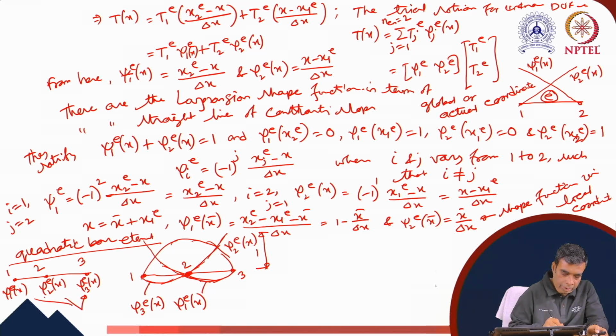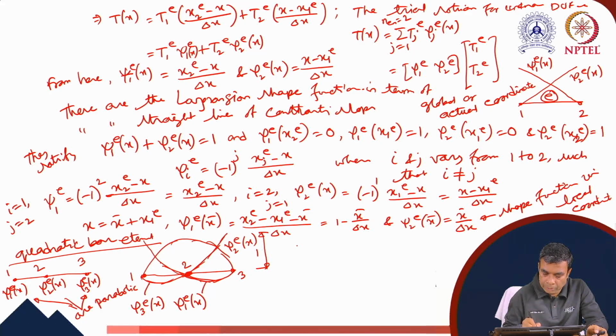These psi 1e, psi 2e, psi 3e are parabolic. So we can use T(x) equals a plus bx plus cx square.